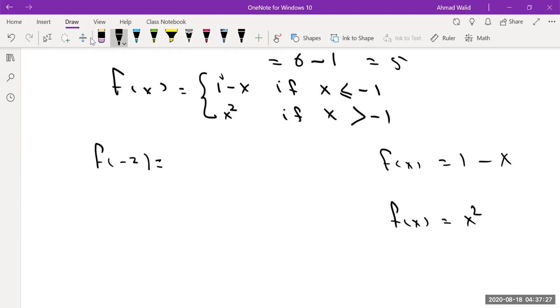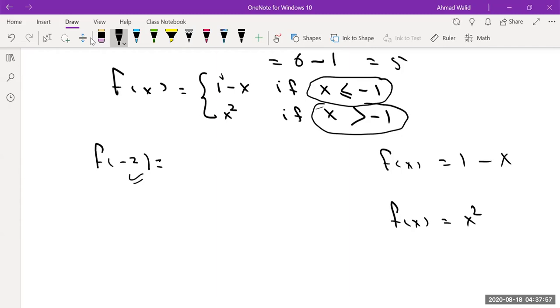To avoid mistakes, always look for the restriction. This part is the domain of your function, correct? You check whether the point they're asking about is in the domain or not.